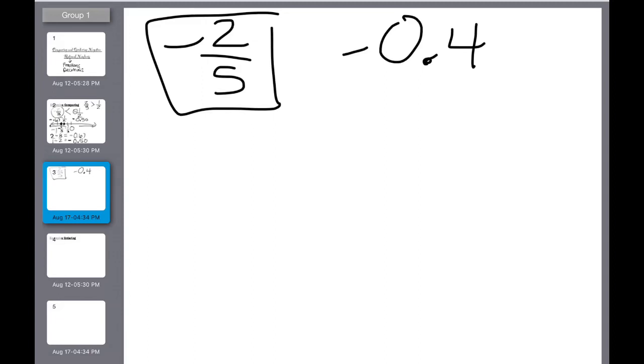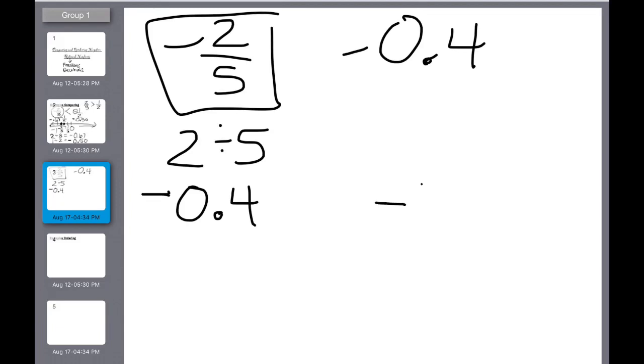So right now I'm just going to worry about 2/5, and I'm going to type into my calculator 2 divided by 5, which is equal to 4/10. And remember, if the fraction is negative, so is the decimal. So this is negative 4/10 compared to negative 4/10. And so once you've got them the same, these are very easy to compare. These are equal.